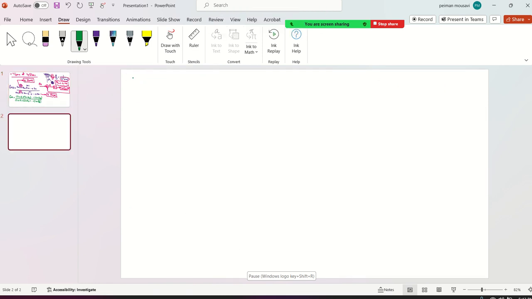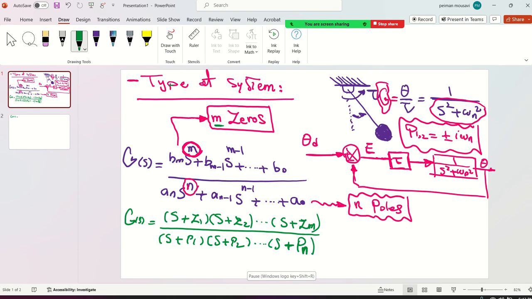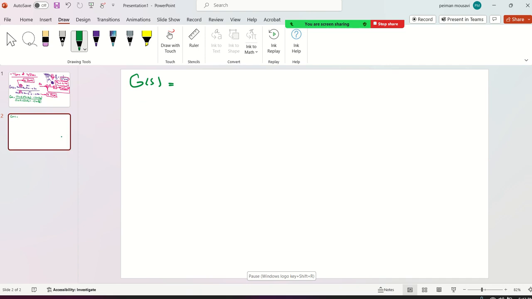Okay, so now you can write this by factoring out z1, z2, zm, p1, p2, pn. So you have z1, z2, z3, zm, and now you have 1 over z1 s plus 1, 1 over z2 s plus 1, and 1 over zm s plus 1.